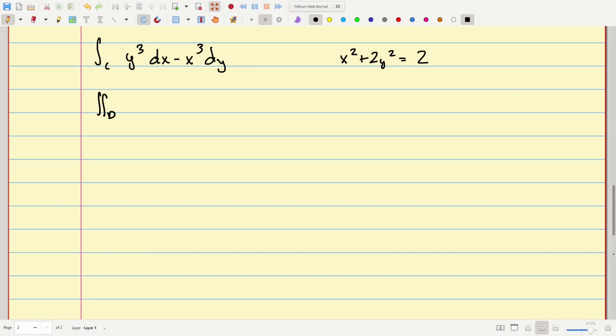We have a double integral over region D, and we're supposed to integrate this, and that's supposed to be equal to the expression above for the appropriate P and Q. P is y cubed, Q is negative x cubed.